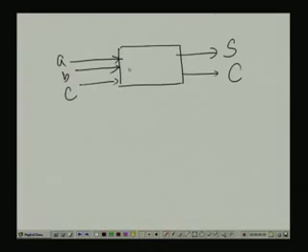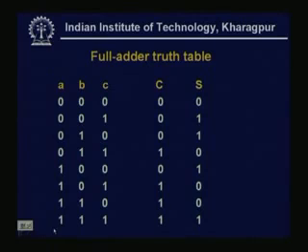Okay. So, now we identify the output input relationship.